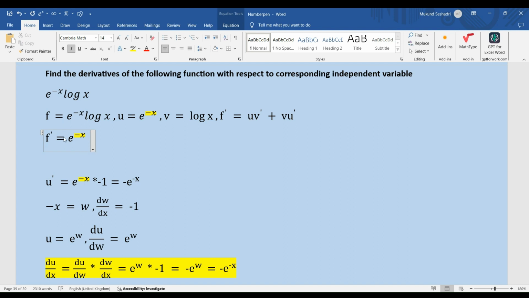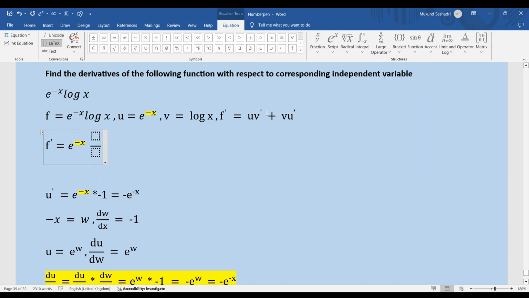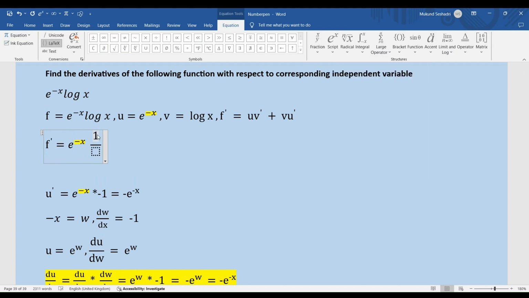And then my v dashed is d by dx of log x, right? Which is 1 by x, right? And I will put a link to the particular video where we have solved for log of x using first principles. So I request you to take a look at that, because this is again a formula that you'll be expected to remember when you're solving complex problems in differentiation, right?